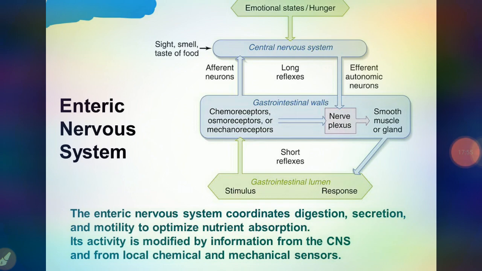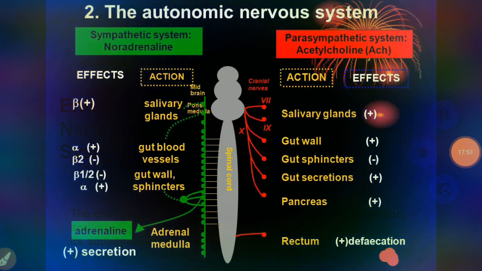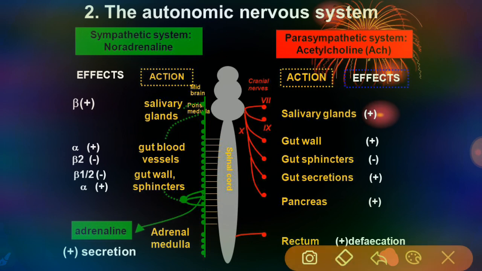Coming to here, the second neural innervation of the GI tract is the autonomic nervous system. See here, mainly in the autonomic nervous system there is an extrinsic set of nerves. The neurons of the enteric nervous system will also be present in the autonomic nervous system.